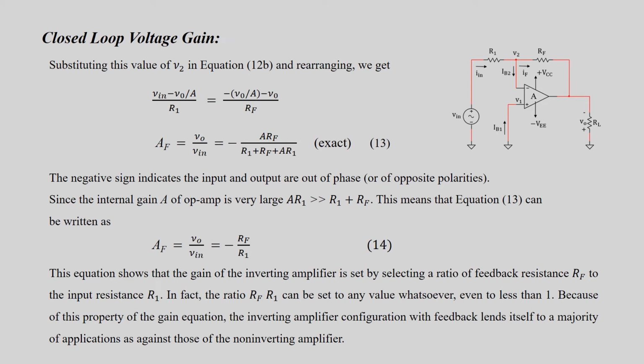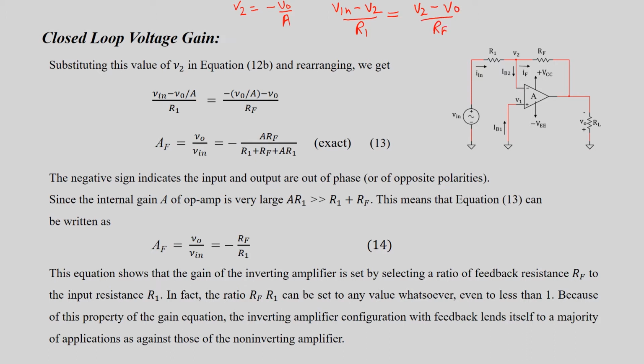So now we can put the value of V2 equal to minus V naught by A in the equation which we earlier derived, V1 minus V2 by R1 is equal to V2 minus V0 by RF.